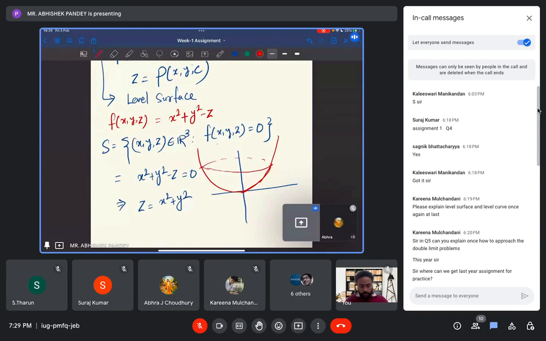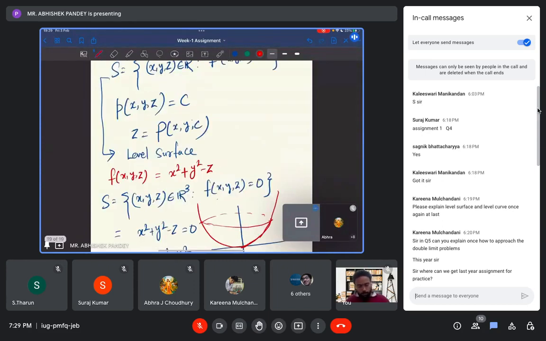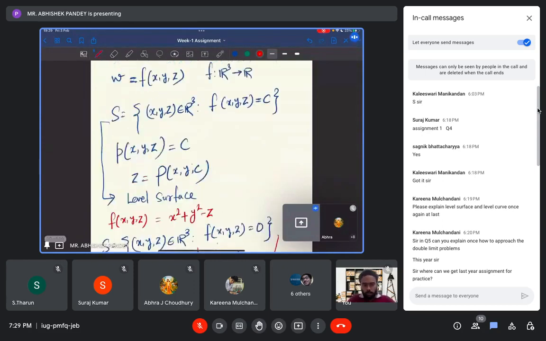So basically, once you have a function from R3 to R, it is not possible to draw the graph of that function. So what we do is fix some constant and equate it to the function. Then for that, this S will be a surface, meaning it is a two-dimensional manifold, which means at each point you can have a neighborhood homeomorphic to an open subset of the R2 plane.